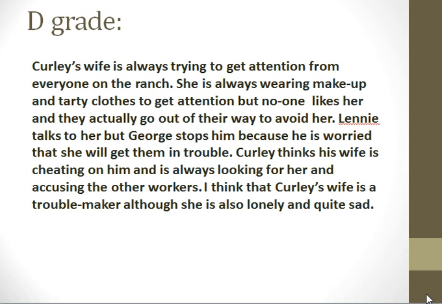Okay, so this student is able to make points, such as Curly's wife's always trying to get attention on the ranch. Now, they can bring almost evidence in because they're referring to the text, but it's not evidence because they're not quoting it, they're just what we call paraphrasing it, putting details in, but not explicit evidence to prove that point.